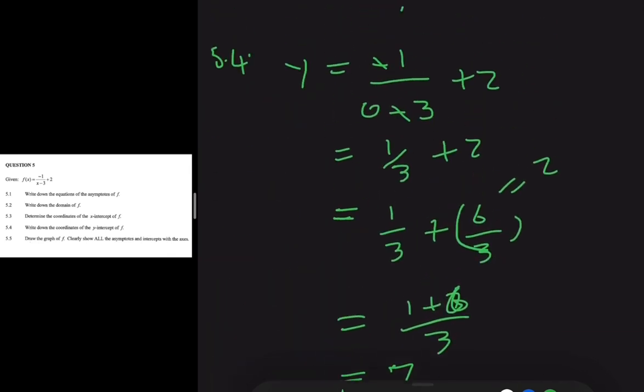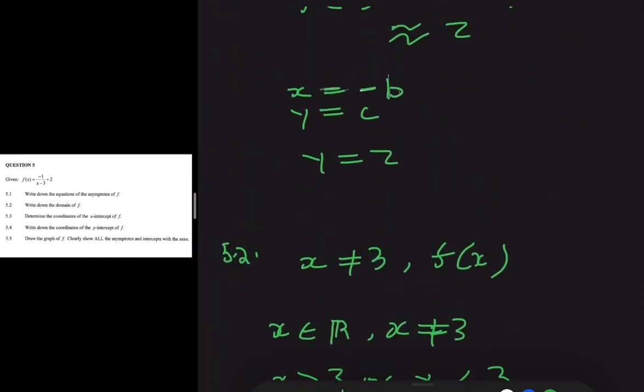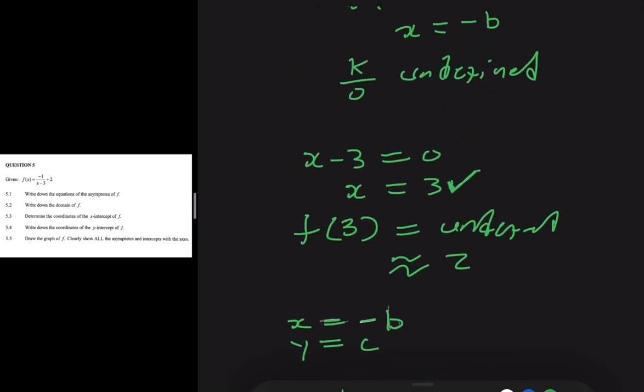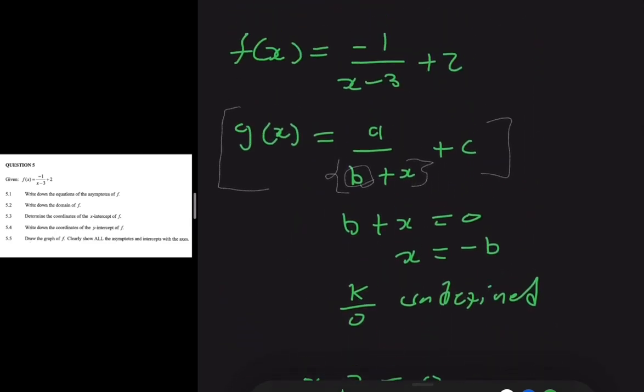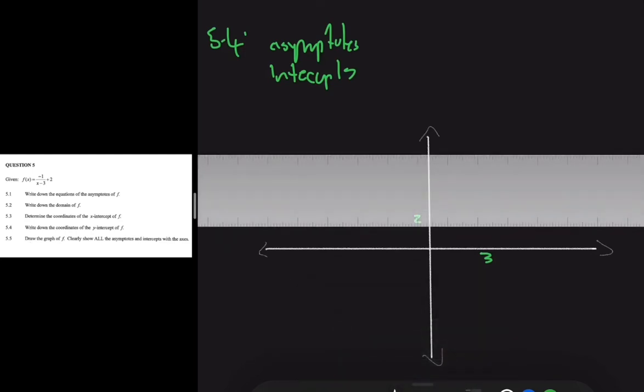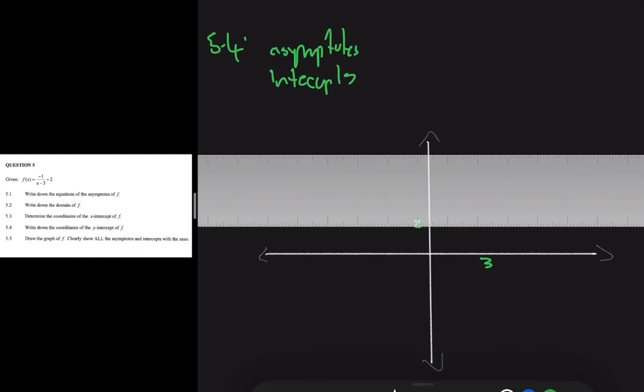Asymptotes. Okay, let's go up and look for our asymptotes. The y-asymptote is 2, and the x-asymptote is 3. So here the x-asymptote is 3, the y-asymptote is 2, right? So if you're dealing with a hyperbola, you will then sort of have a new set of axes, right?